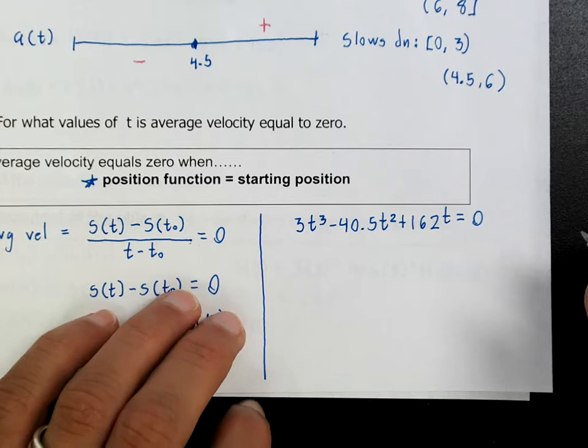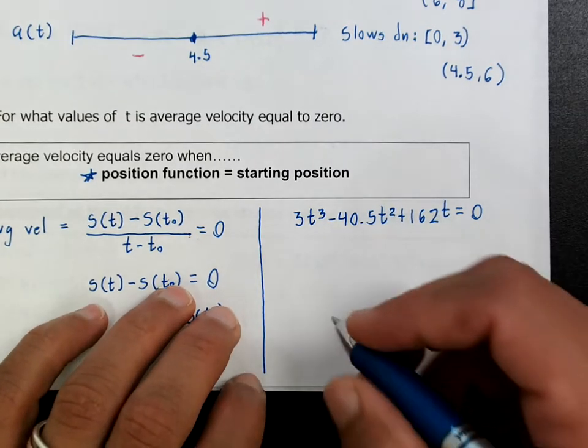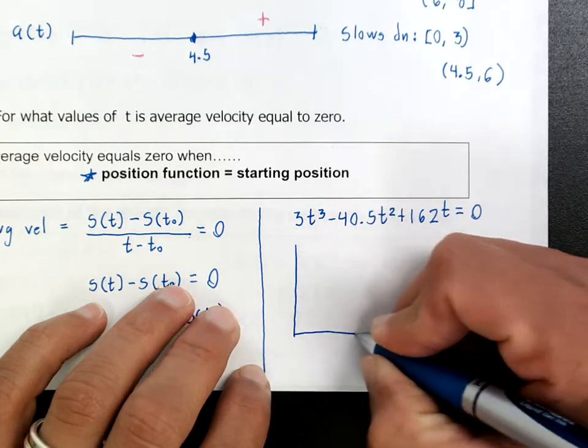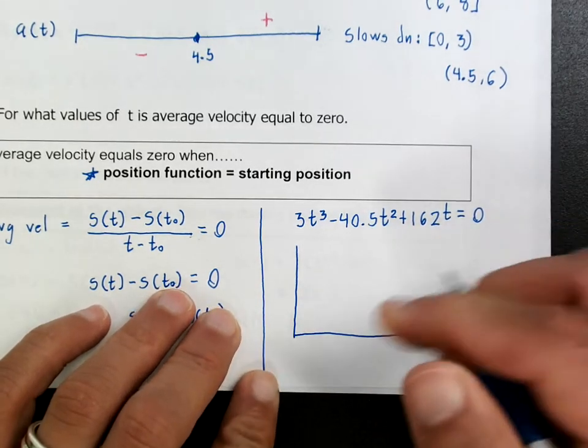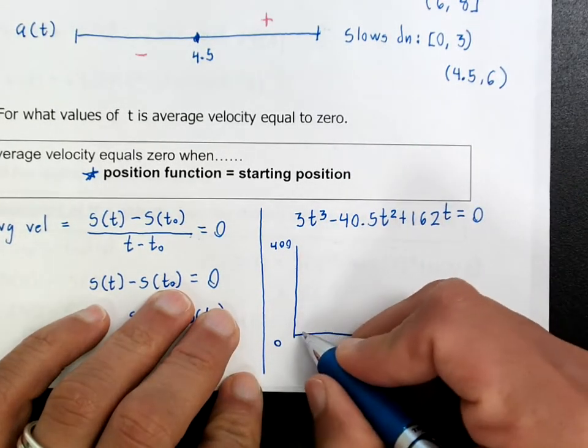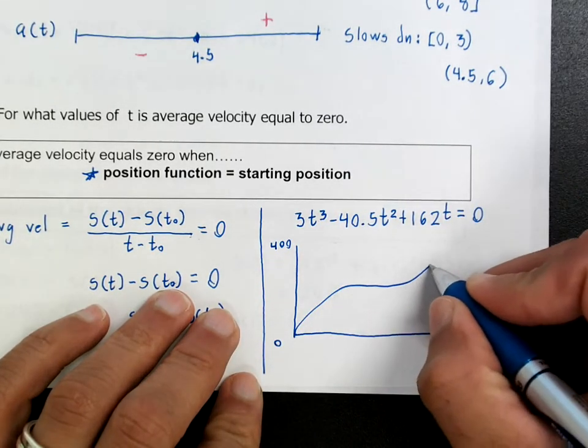On this one, you're definitely going to need a calculator. I don't expect you to do this without one. So do this with a calculator, and on mine, it will look something like this.